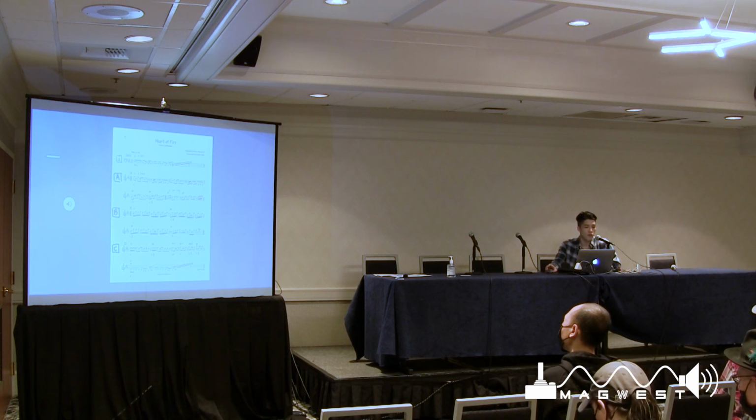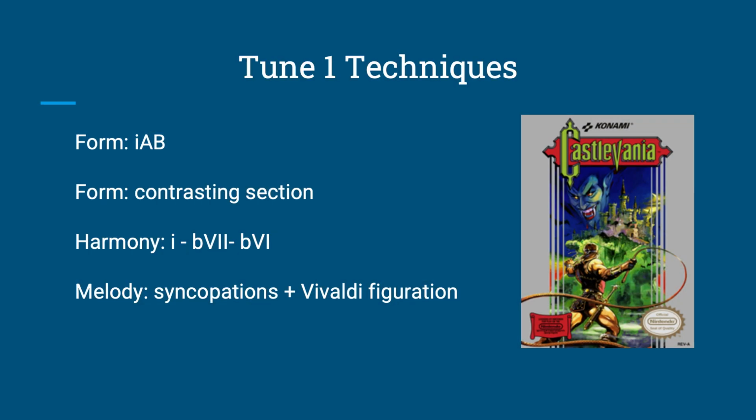So this is a more active section, and I would call this a strong contrasting section. Otherwise, it's a pretty straightforward tune. It also incorporates some syncopations melodically. IAB, contrasting section, harmony, and so forth.